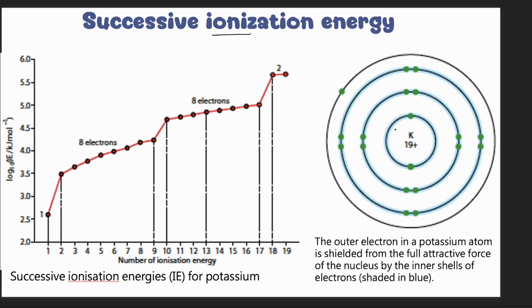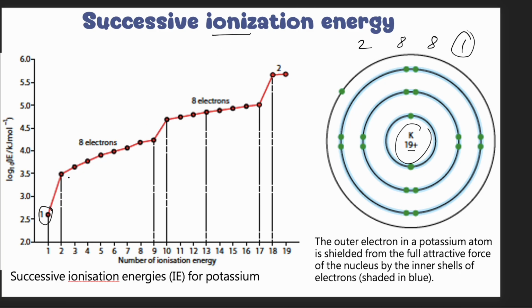Okay, so it's potassium with the number of electrons 19 and the electronic structure is 2881. So we remove the first electron as the valence electron on the last shell, right? So the ionization energy is very low because it's very easy. I mean, you don't require that high amount of energy because it's the valence electron.